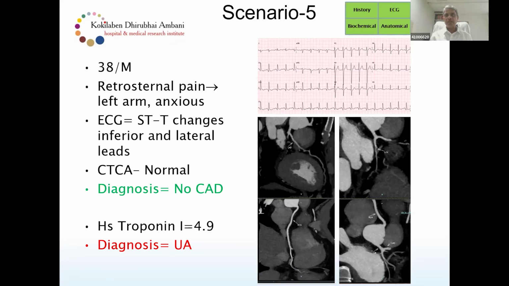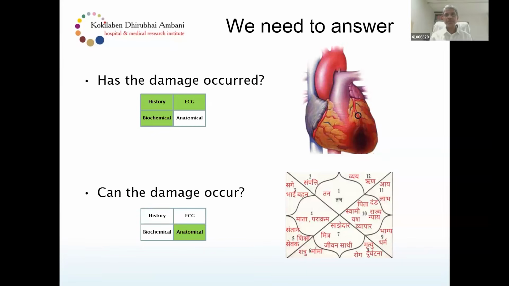And after the patient came from CTCA, we got the troponin report that it is 4.9. And if we didn't do a CTCA, his diagnosis would have been unstable angina. But because we did CTCA, the diagnosis is no CAD and the person can live peacefully for a few years at least.